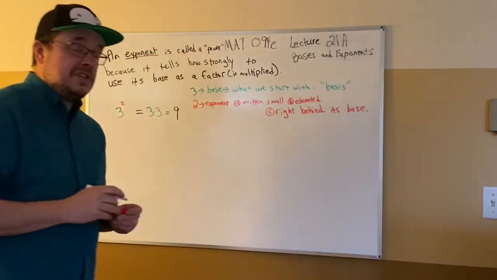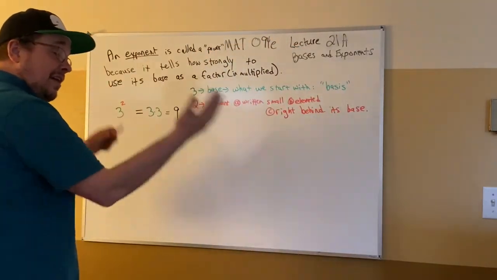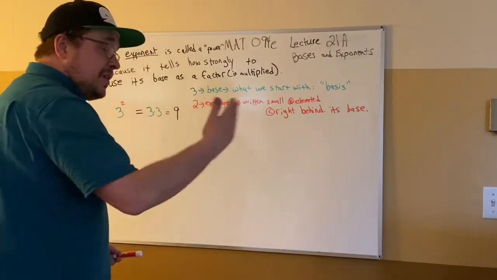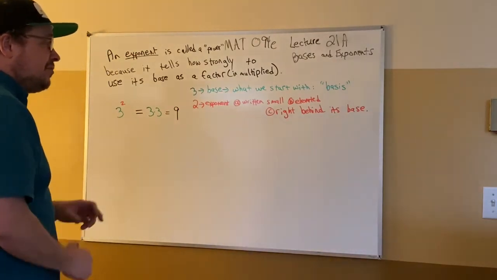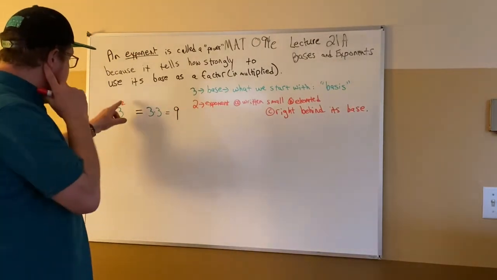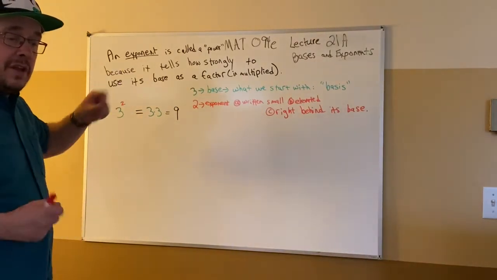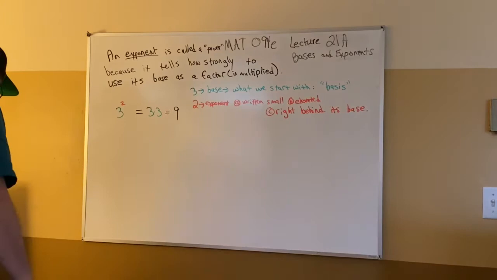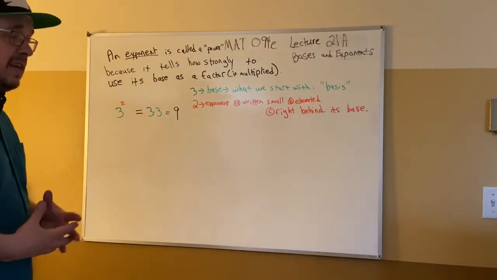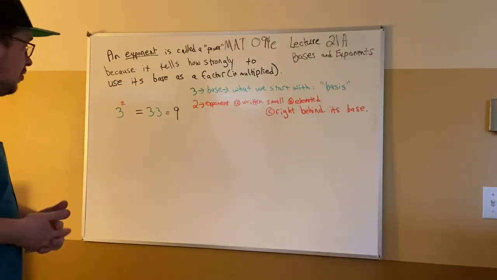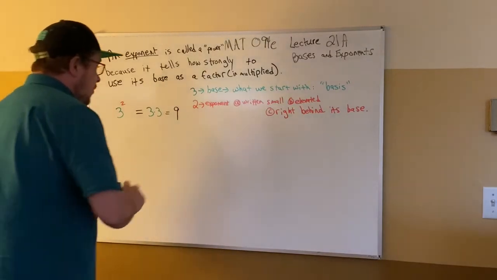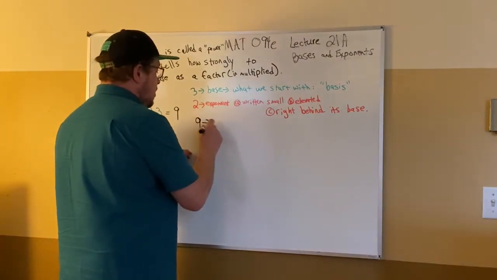Literally R-I-G-H-T, like to the right. It's not left, it's to the right, and it's behind it. It's the next thing that comes after it. More importantly, if you find an exponent, you can look down and to the left to see a larger written base. Or maybe you'll see parentheses there because it's taking the power of those parentheses. What I call 9 is the result.